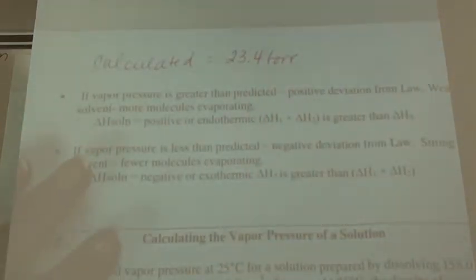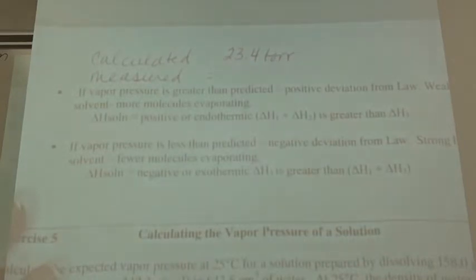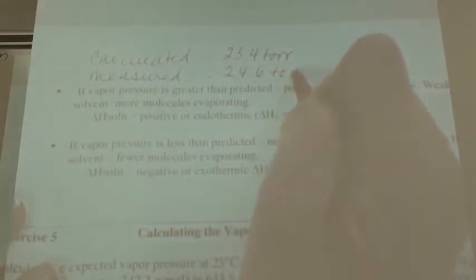All right. A non-ideal solution is one that does not obey Raoult's law. Let's say you used Raoult's law and you calculated a vapor pressure of 23.4 torr for the solution. And then let's say you actually measured the vapor pressure of that solution and found that it was 24.6 torr.